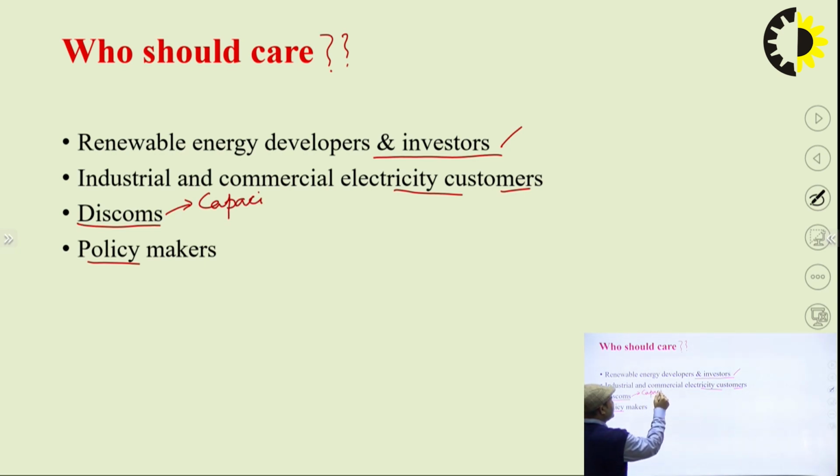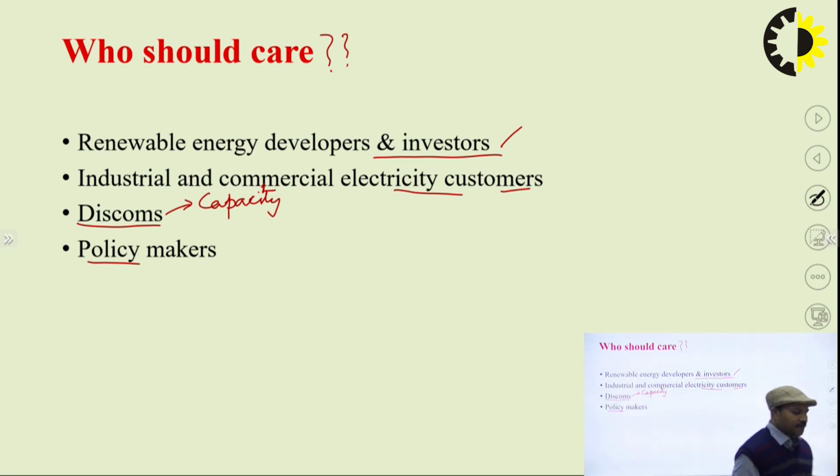If someone is generating excess power than their demand, in that case capacity should be available in the transmission line, so that we can easily add the excess power to the DISCOMs.